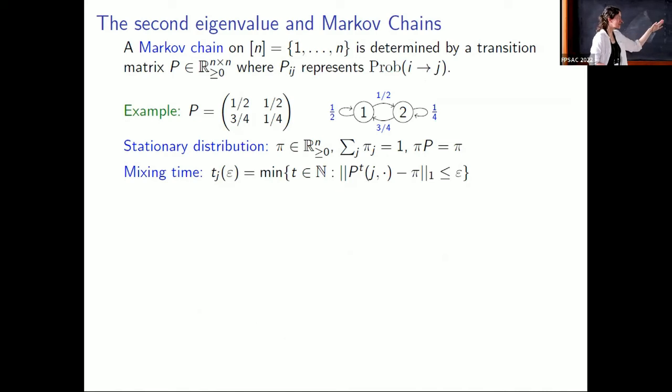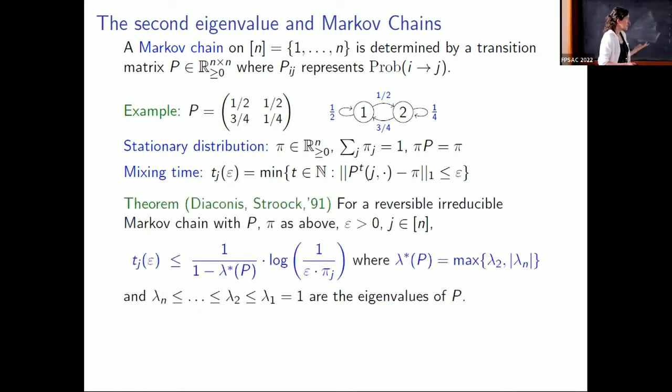Let's assume that it's unique and that everything converges to it. And under some conditions, the mixing time can also be bounded in terms of essentially the second eigenvalue of this matrix, or more formally, the largest eigenvalue in absolute value, besides the top one.